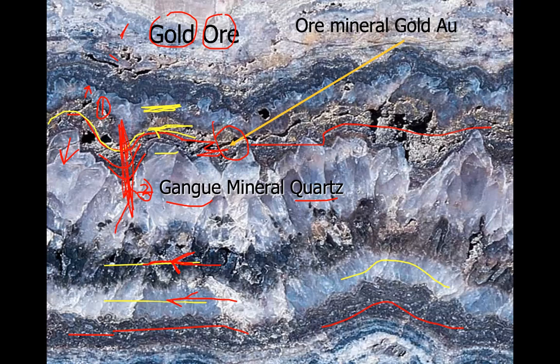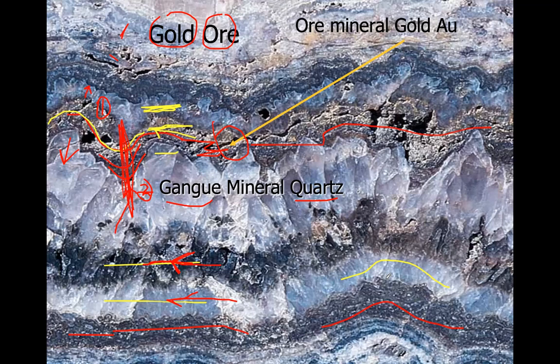The first one, since it happened before the folding event, we can call pre-tectonic. So in that case you have two mineralizations, but not here, I'm just drawing. The first one is pre-tectonic mineralization, and the second one is post-tectonic mineralization. Sometimes during this folding event also you can have some mineralization, right?